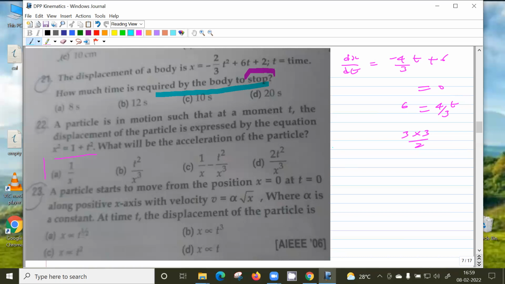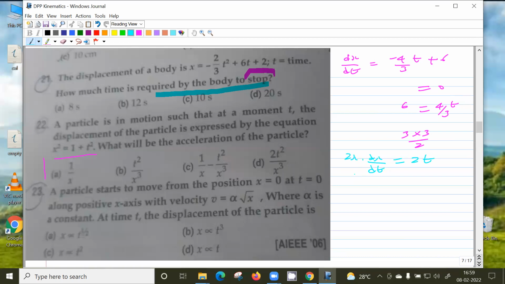So you have to find acceleration, no? So 2x dx by dt equal to 2t. You can also use it like root of 1 plus t square. It's not a problem. You can do either way.